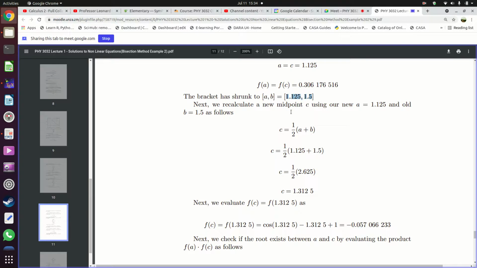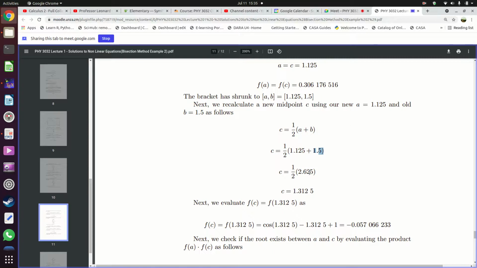we work out a new midpoint. So the new midpoint is going to be based on A, which is equal to 1.125, and on B, which is equal to 1.5. So our midpoint C is going to be equal to half of A plus B. So C is equal to half of 1.125 plus 1.5, which just gives you 2.625.